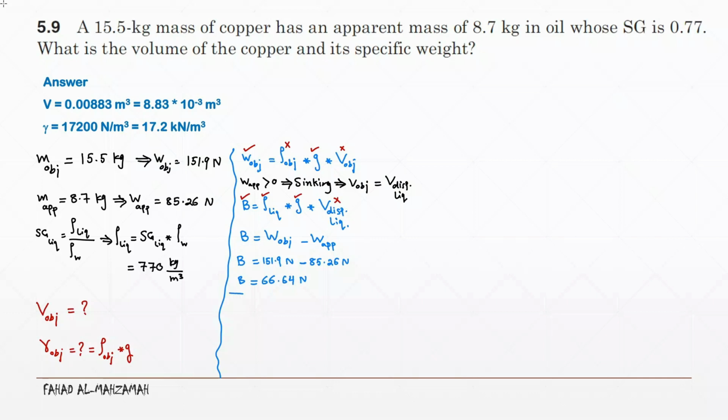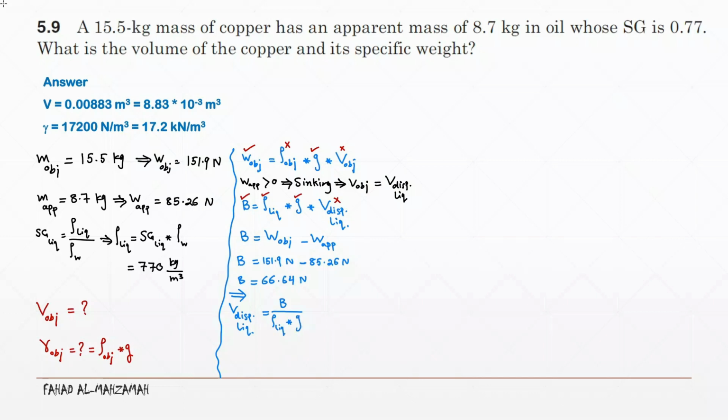Okay, so the volume of displaced liquid is equal to the buoyancy divided by the density of liquid multiplied by g.